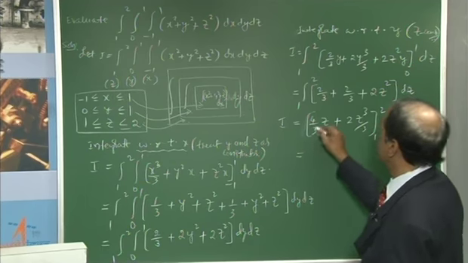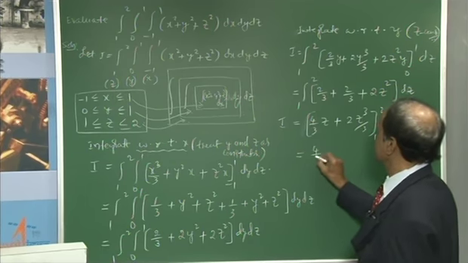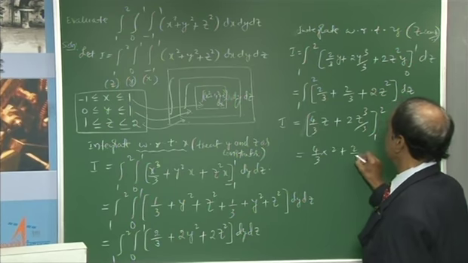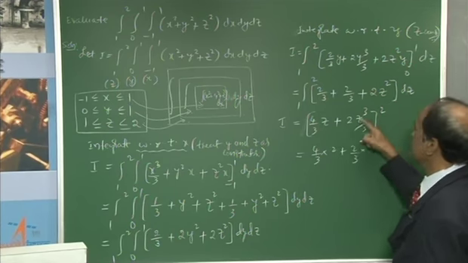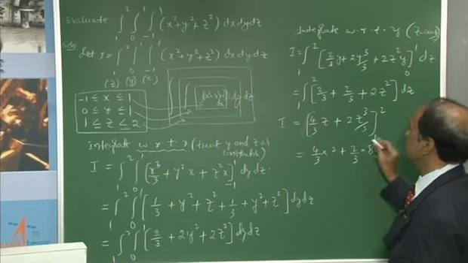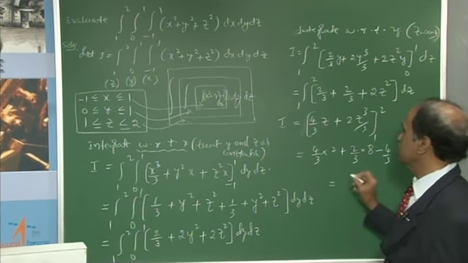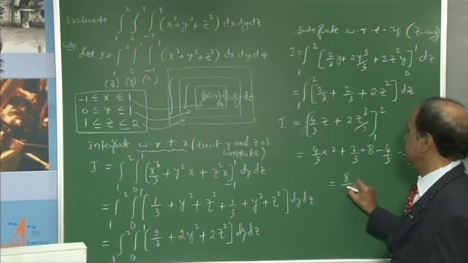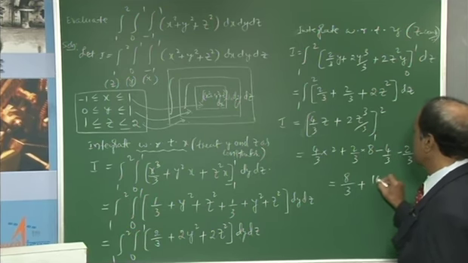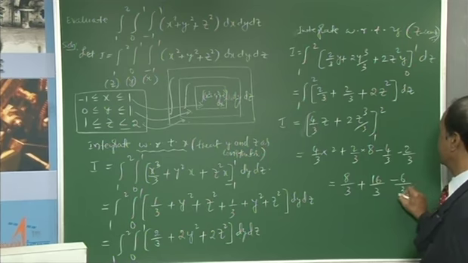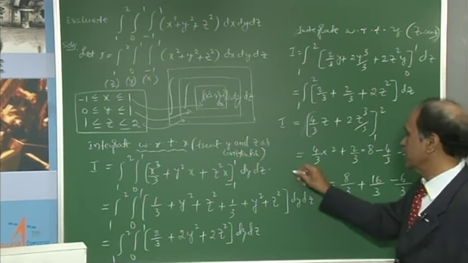That is 4 by 3 into 2 plus 2 by 3 into, that is z equal to 2, 8, and minus 4 by 3 minus 2 by 3, that is 8 by 3 plus 16 by 3 and minus 6 by 3 should be the answer.